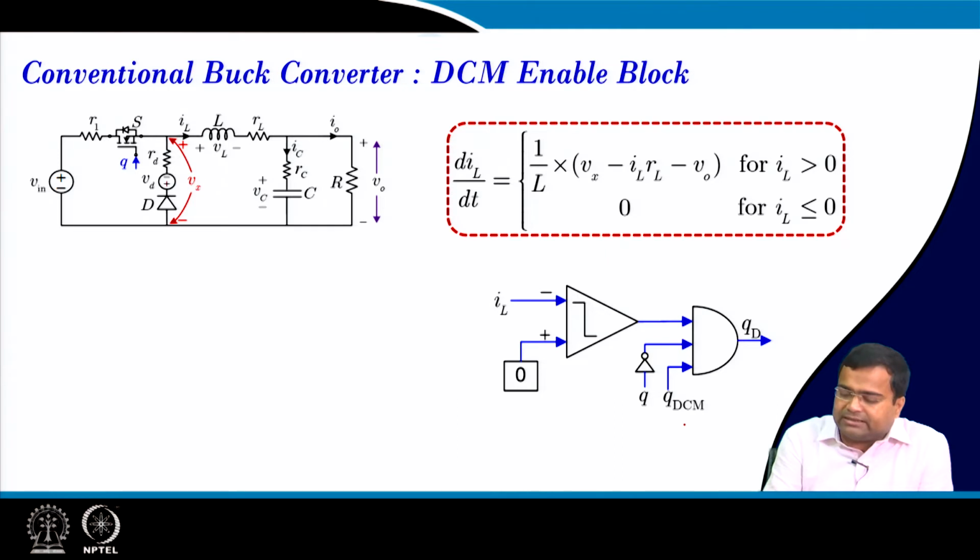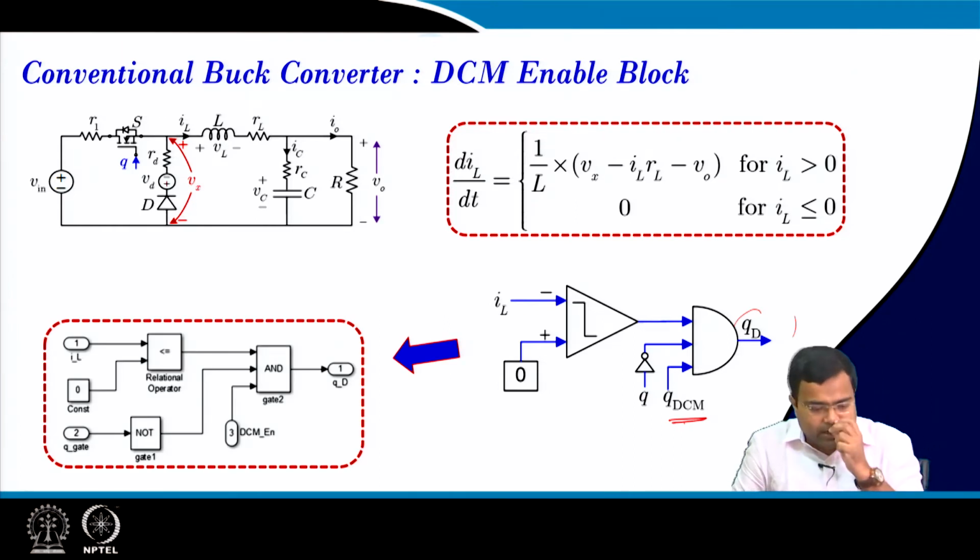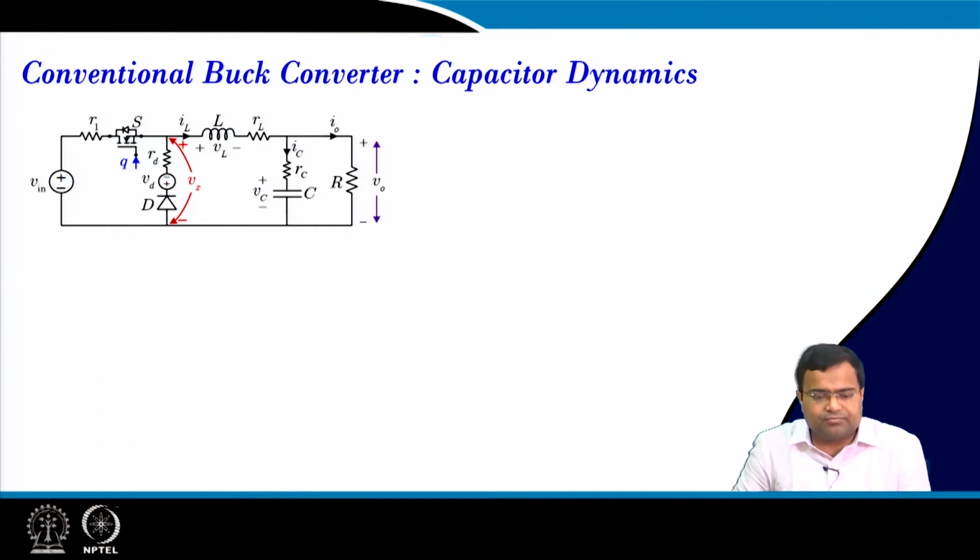If we set it to 1, then it will enable this DCM block depending upon whether the inductor current is touching 0 or not. But if you set it to 0, then the inductor current can go in the negative direction, because this will always be 0. That means the DCM enable logic is disabled, and this is the overall block diagram for the DCM enable logic.